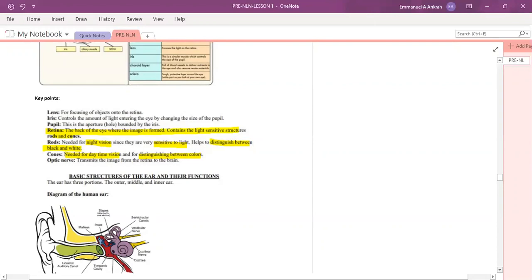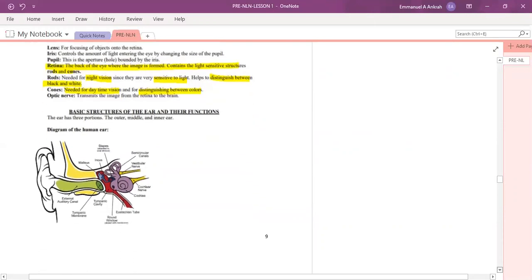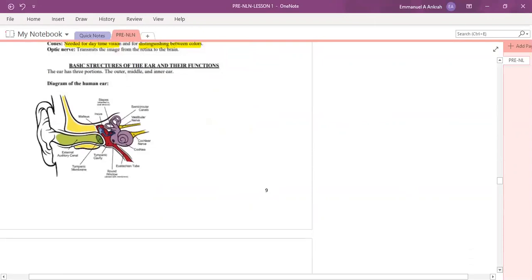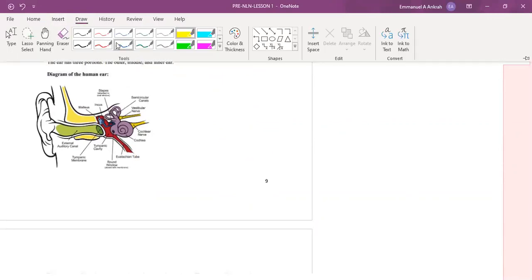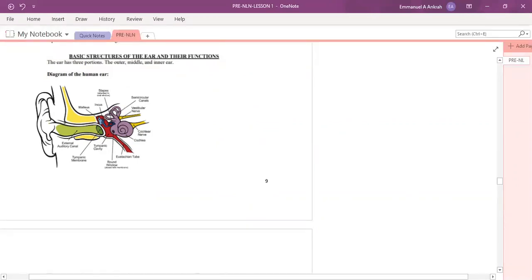Okay. Rods and cones. Then the other thing you have to know about is the ear and its function. The ear structure. Usually they're not going to give you the diagram for that, but you should know about these few things here. Remember that the ear has three parts.